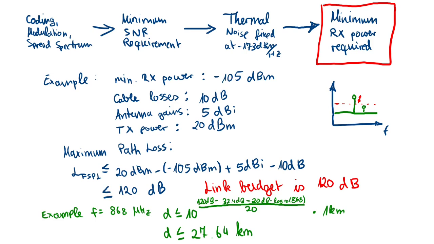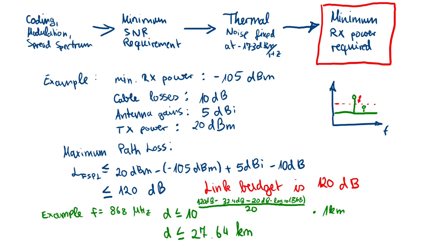If it would be 130 dB, then the received power would be minus 115 dBm. Yeah, and so we can say that the link budget for our communication, so the budget for the link between the transmitter and the receiver is 100 decibel.